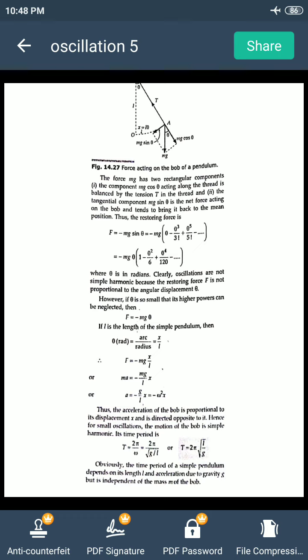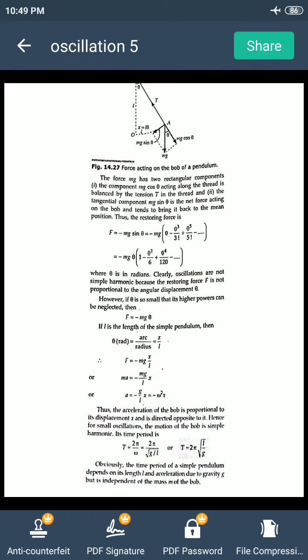And one more thing: this L, the total length, is not only the length of the thread. The total length of the simple pendulum is the length of the thread plus the height of the hook plus the radius of the bob. This is the total length.